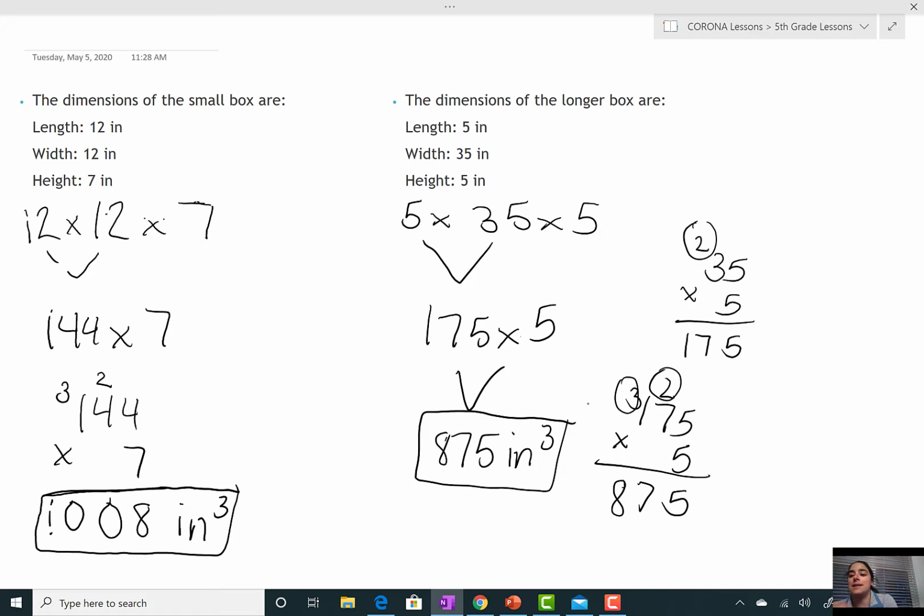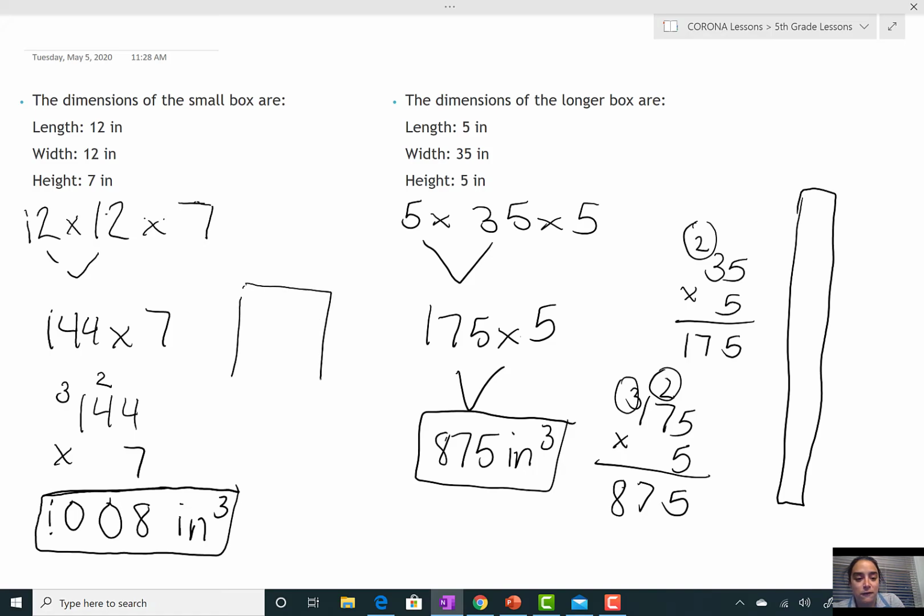Think something that's skinny and narrow, almost like a stick sort of shape. Here, this box is kind of fatter, shorter and fatter, but you could fit more along all the layers of the box.